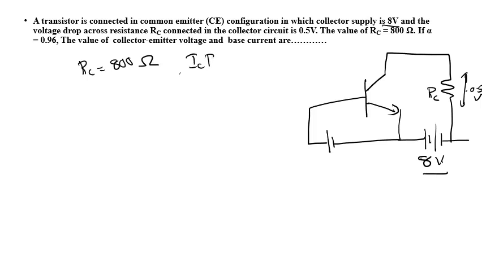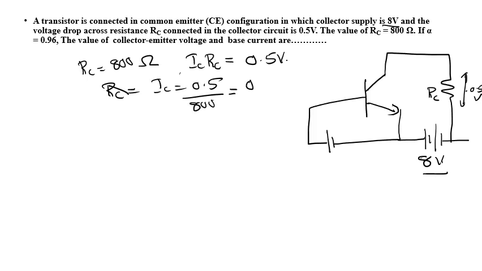IC into RC is equal to 0.5 volt. So from there you can calculate IC, that is IC equal to 0.5 divided by 800, which is equal to 0.625 milliampere.